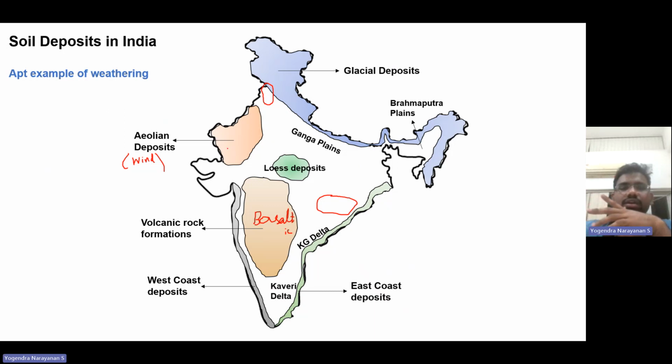The action of wind causes the aeolian deposits and loess deposits, and one of the major parent rocks is basaltic, which is an example of igneous rocks due to volcanic action, due to sudden cooling of the lava at the surface of the earth.